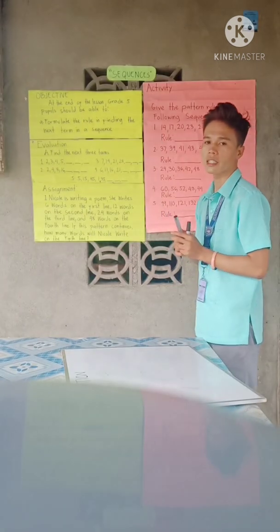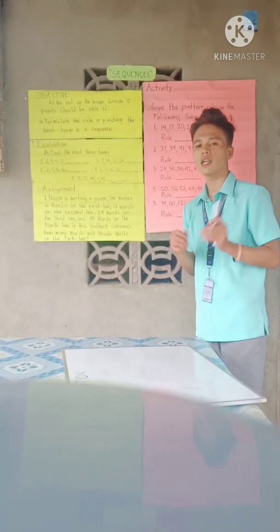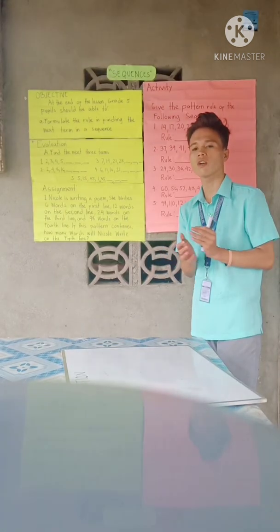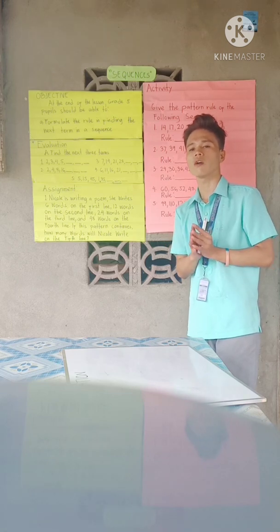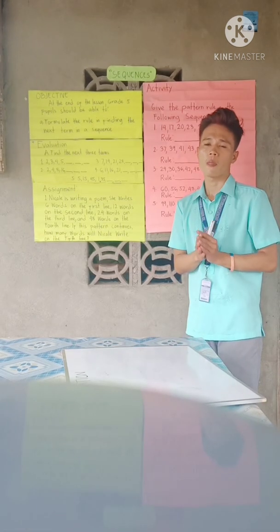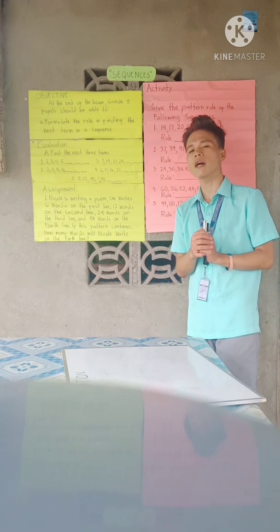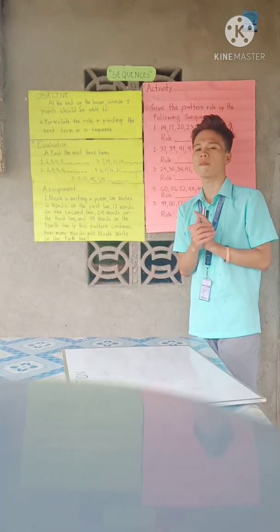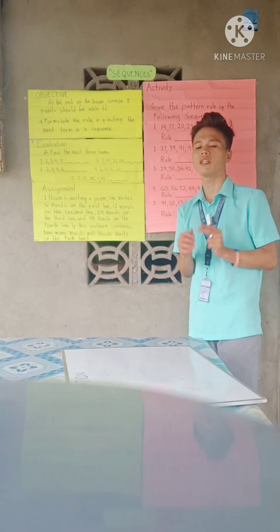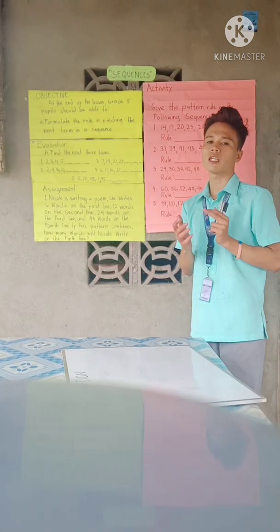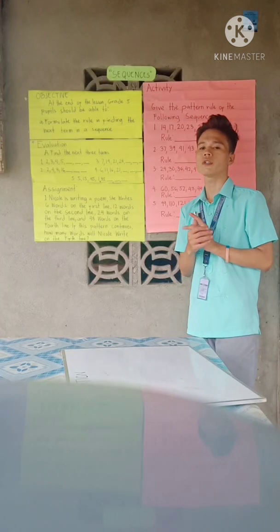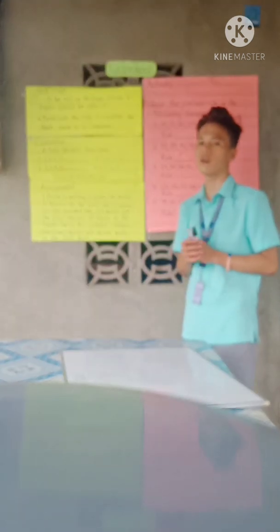What is a sequence? A sequence is a list of numbers or objects in a defined or logical order. So its patterns are repetitive and can be found in nature, shapes, events, sets of numbers, and almost everywhere you look.